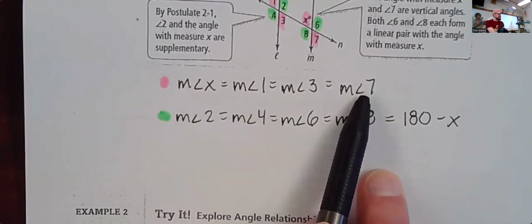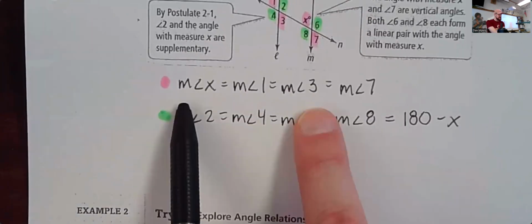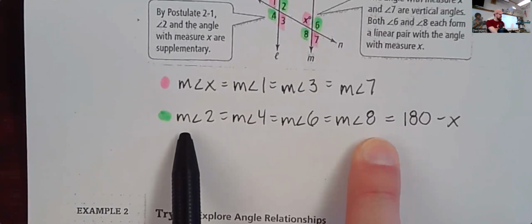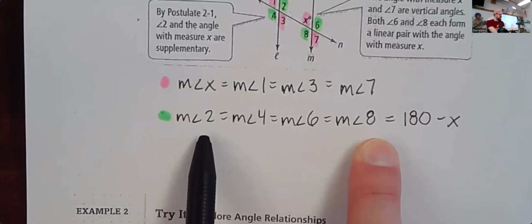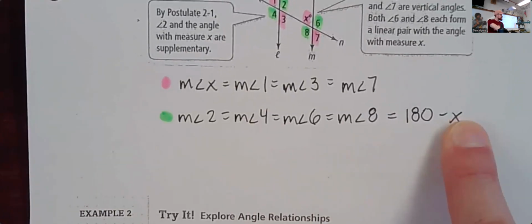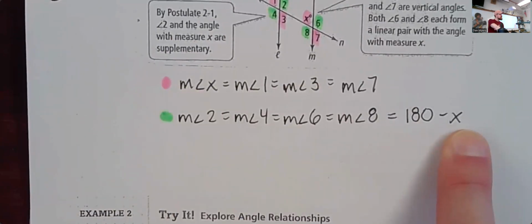These 4 angles have to be supplementary to those 4 angles. So if these are all 60, these all equal 120, because that's what you add with 60 to get to 180, right? But if you take 180 and you subtract 60, you get 120. So whatever x is, these are 180 minus that.